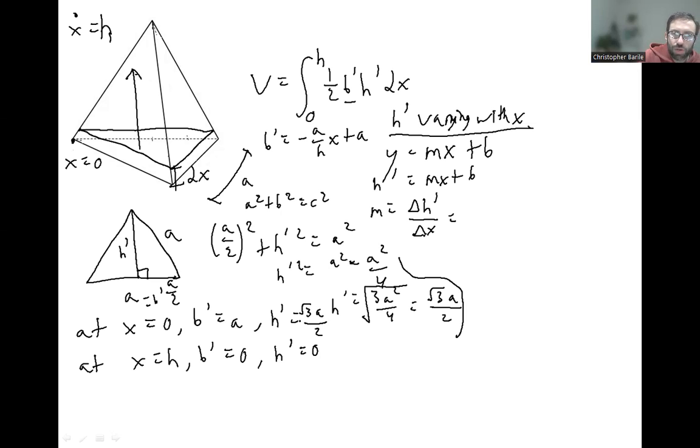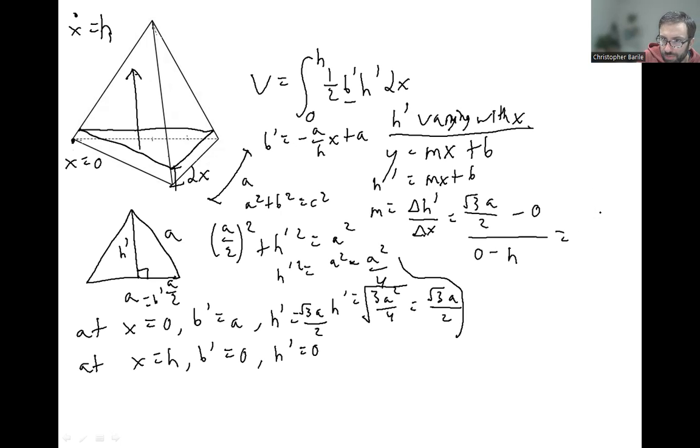And what is H prime? Well, at one point, it is root 3a over 2. And then at the other point, it was 0, so it's just minus 0 over 0 minus h. Those are 2 x values.